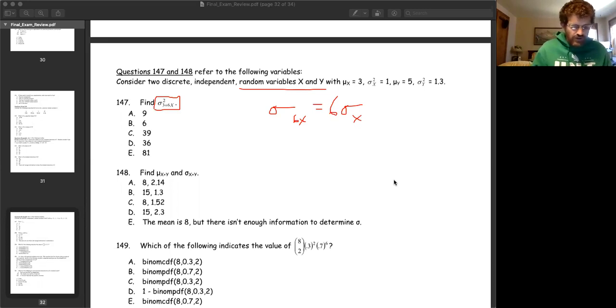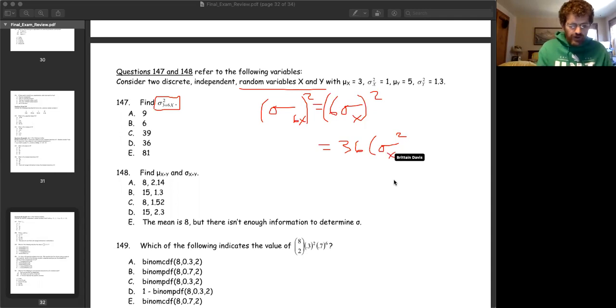So the standard deviation of 6 times x is going to be 6 times the standard deviation of x. And that's all well and good. But now we're looking at the, oops, not the square root. We're doing this squared, which equals this squared. So that's going to be 36 times the variance.